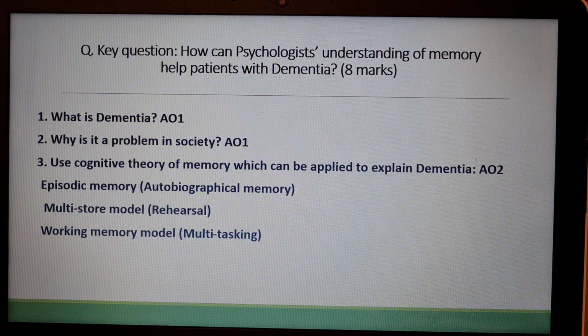You could also talk about the working memory model as well. Remember, the working memory model has 3 components, and multitasking is very difficult for a dementia patient. So the working memory model can be applied to this because we know that carrying out two tasks simultaneously using the same sense is impossible.